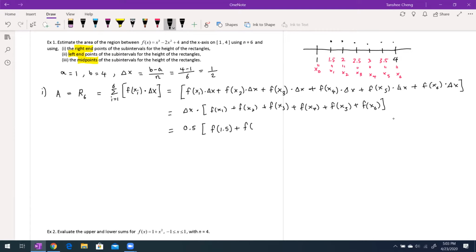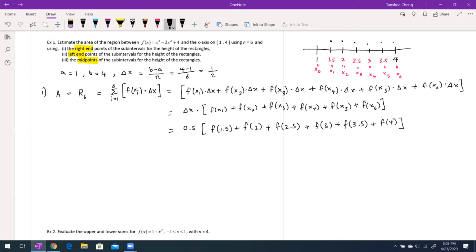The second rectangle, evaluated at 2, 2.5, 3, 3.5, and then 4. These are the heights of each rectangle using the right endpoint.